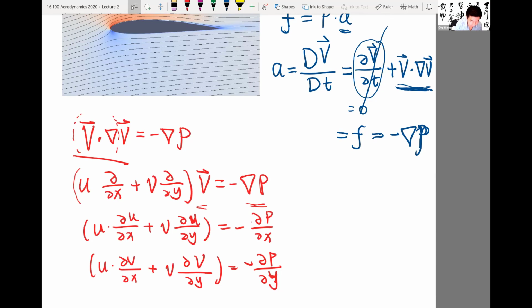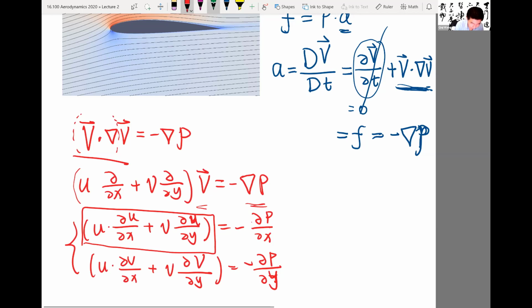Okay, what this is saying is that the directional derivative of u along the velocity vector direction is equal to the minus x derivative of p, is equal to the pressure force. Okay, so basically we are trying to interpret this operator here.